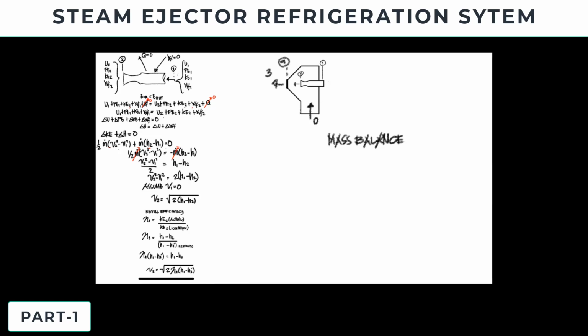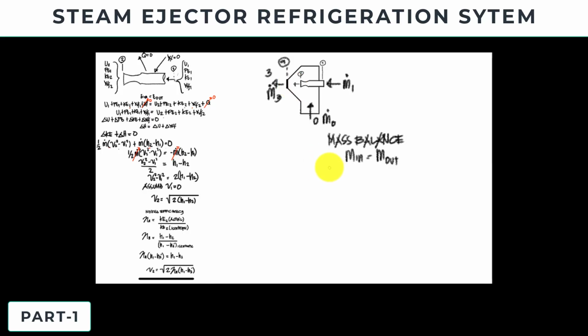Now, making a mass balance, isolating this part, the injector. We have mass in and mass out. So entering, we have the mass flow rate 1 and the mass flow rate O, and leaving, that will be the mass flow rate 3 after the mixing.